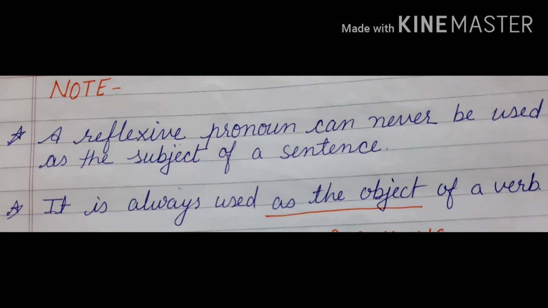Important points about reflexive pronoun. First, a reflexive pronoun can never be used as the subject of a sentence. Second, it is always used as the object of a verb. We can't say myself hurt me. It is wrong. We will say I hurt myself.